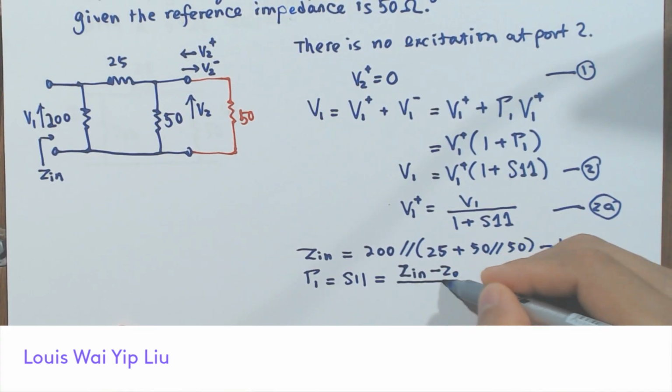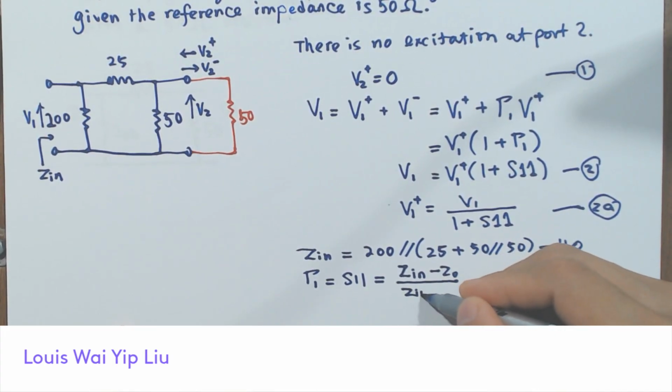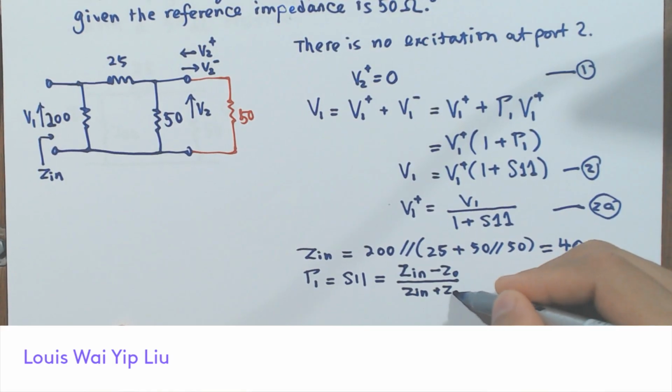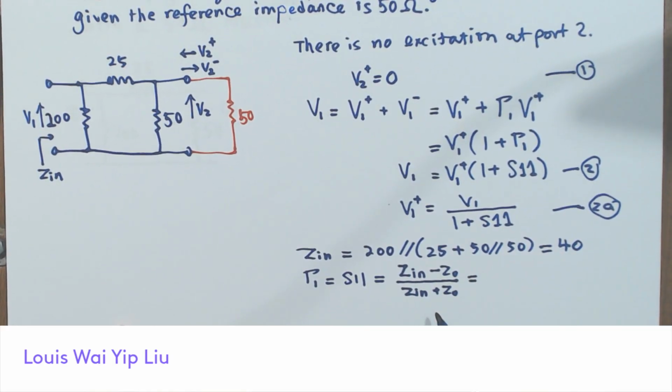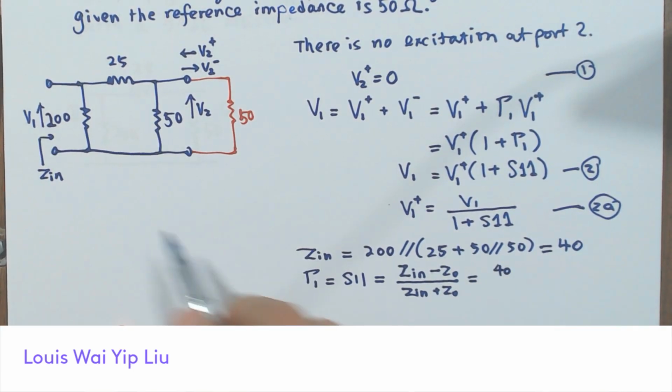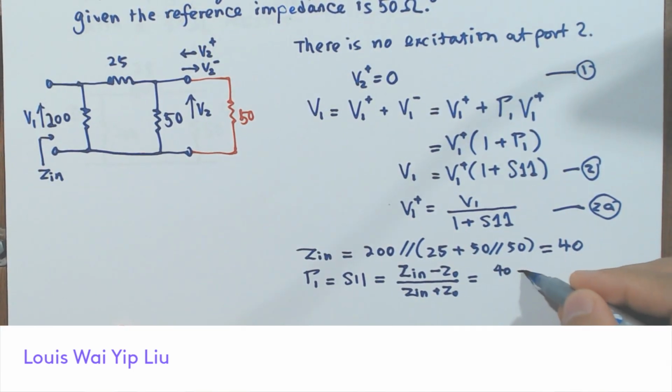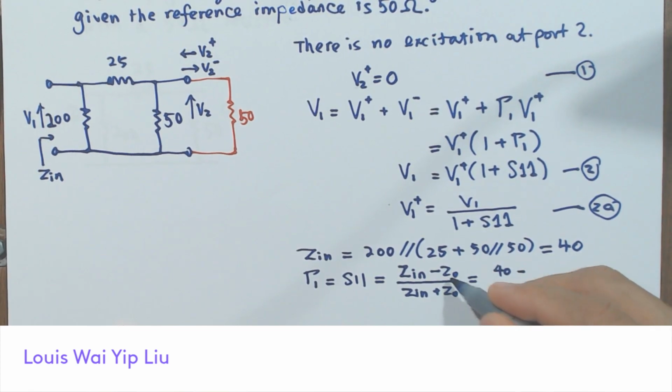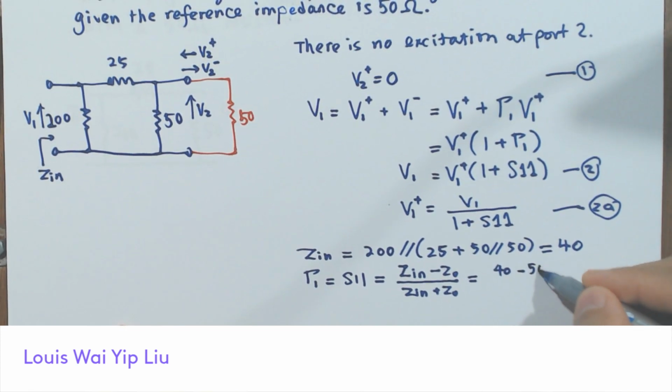I should use the formula instead. So this is the formula for the reflection coefficient at port 1, and 40 is the input impedance, and minus the characteristic impedance, which is 50.